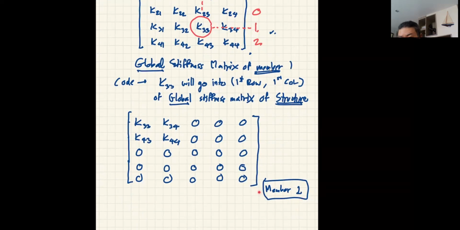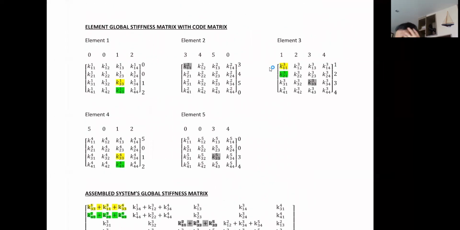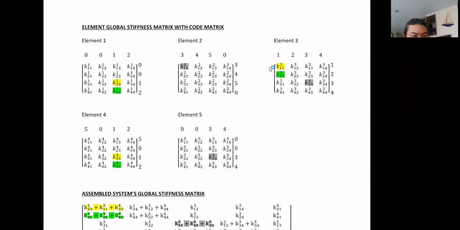Now we can repeat this for all the 5 members, and then we're going to have the global stiffness matrix of the entire structure. So I have this for you. This is what we did for member number 1. I still somehow call it element, in the old time. When you look at member number 1, those are the components.